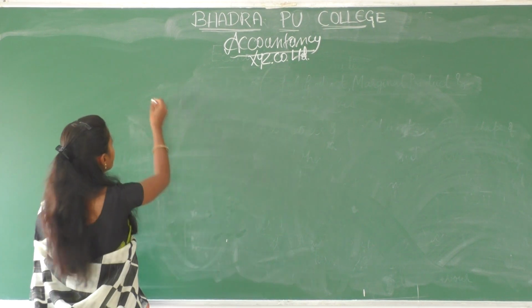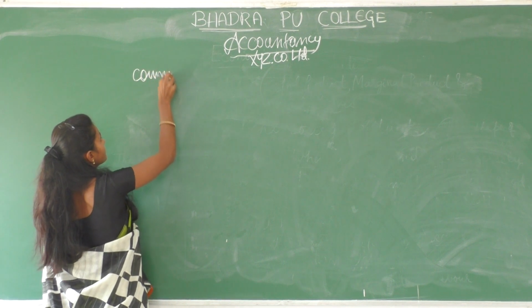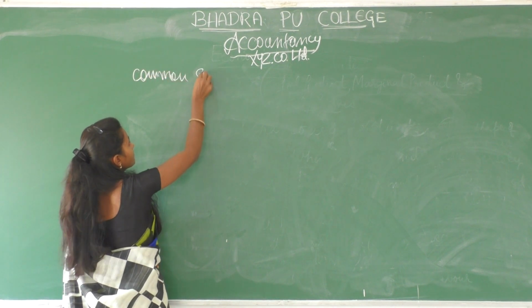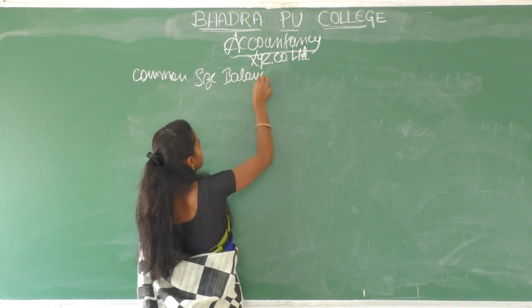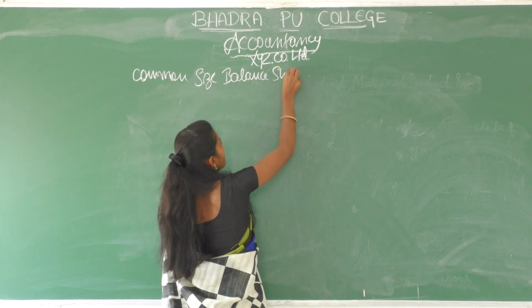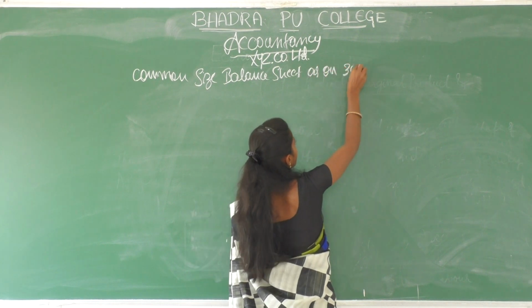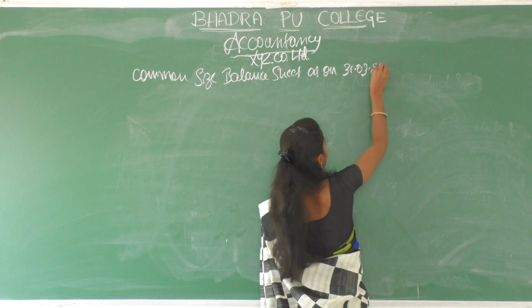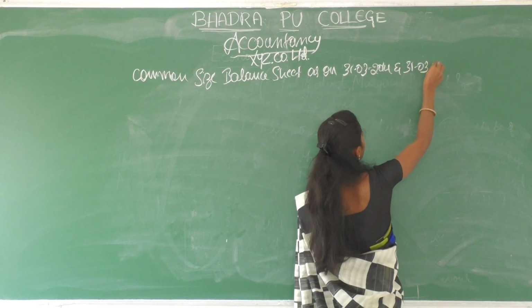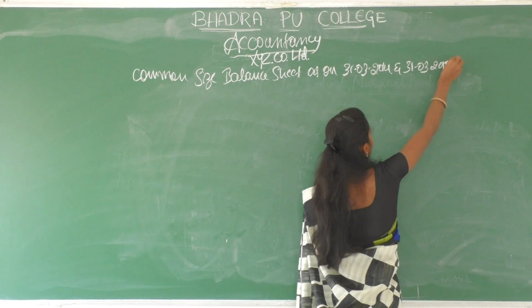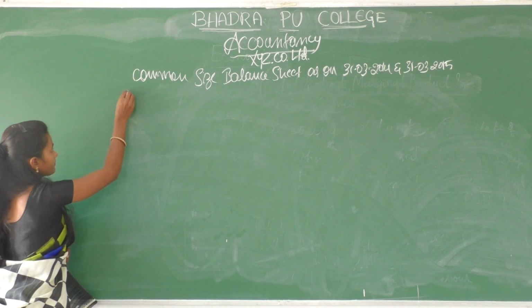So I am writing here: common size balance sheet as on 31st March 2014 and 31st March 2015. Now I am drawing the format.